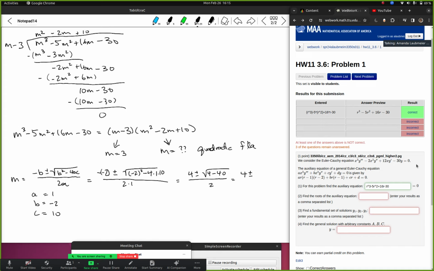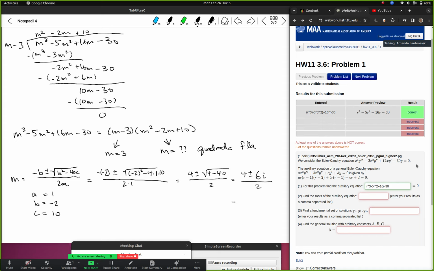4 plus or minus 6i over 2 is what that looks like. Because 4 minus 40 is 36, so square root -36 is 6 times an imaginary number.